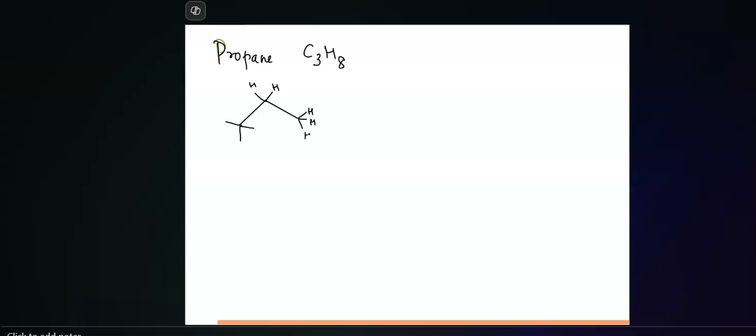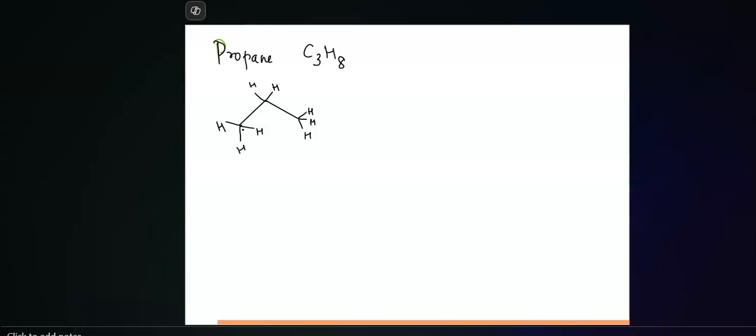The way we portray the conformations of propane is by saying you keep your eye looking through any 2 of the carbon atoms.